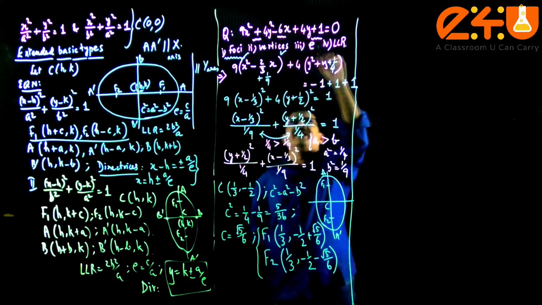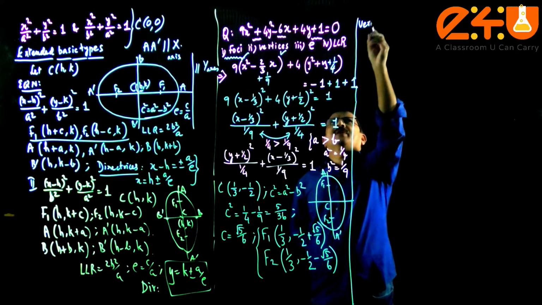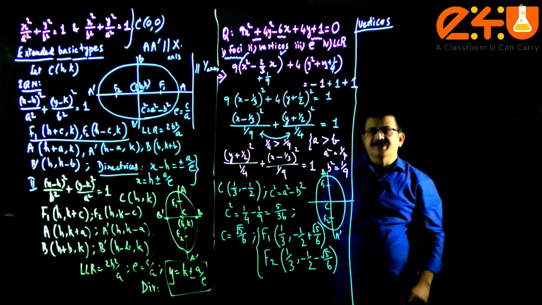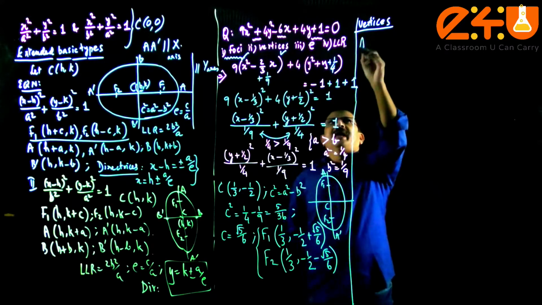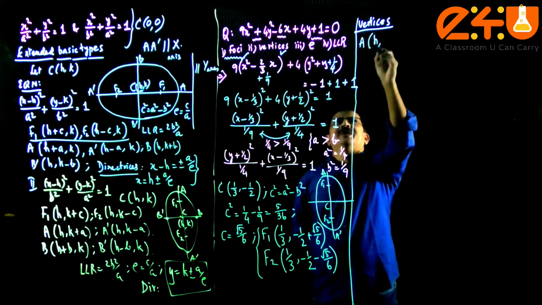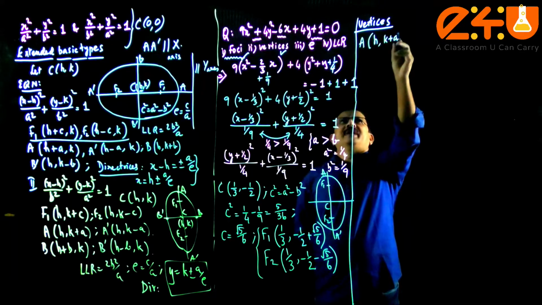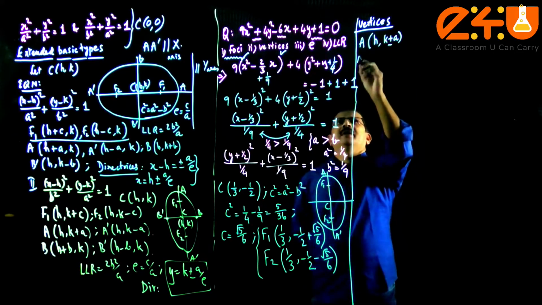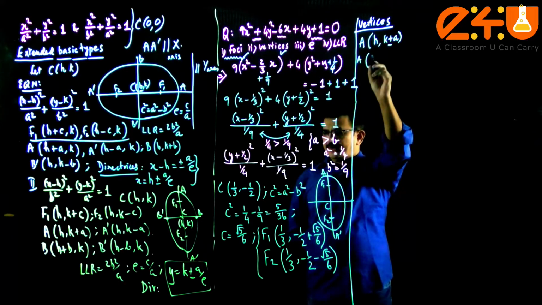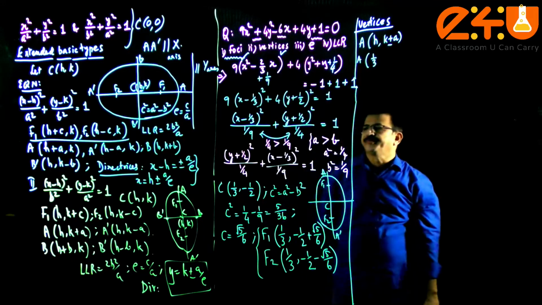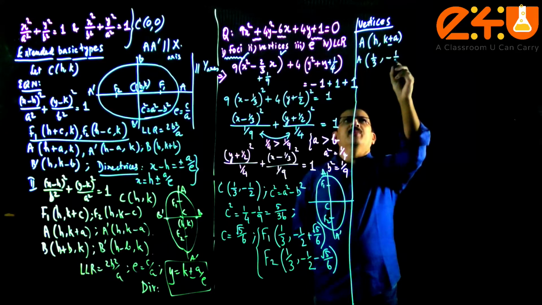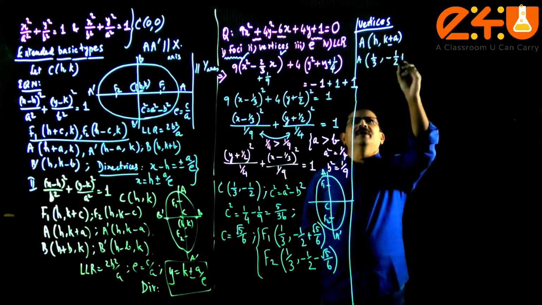What about the coordinates of vertices? In case of vertices, h no change, k plus a and minus a for the other. So h, that is 1 by 3, there is no change, and there is negative 1 by 2, add a.